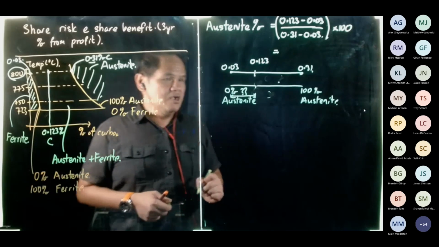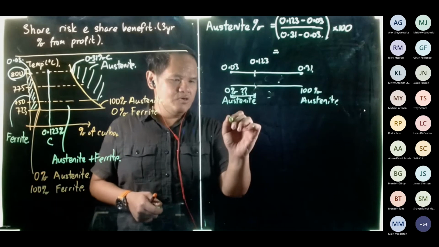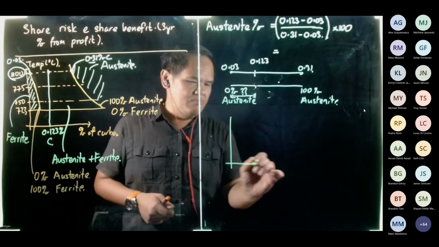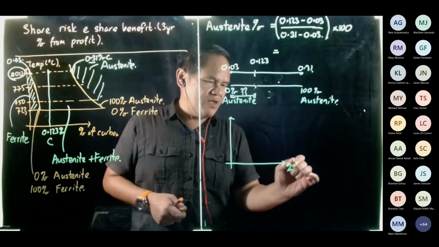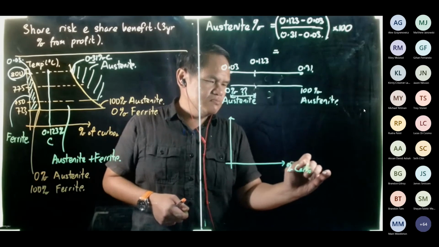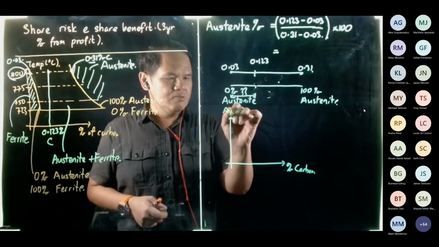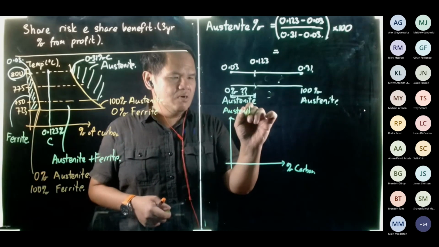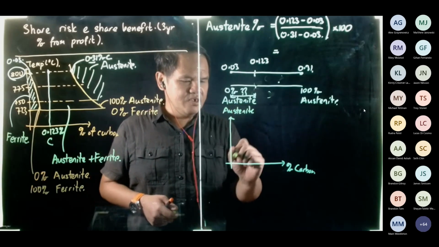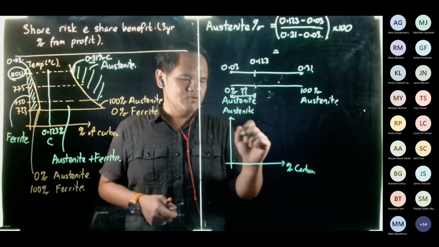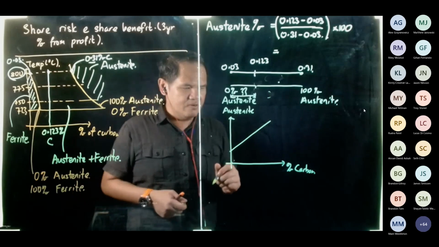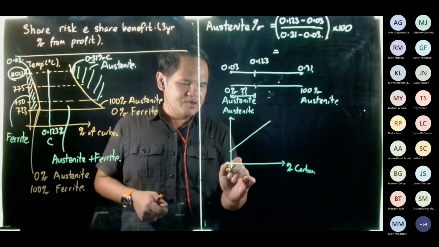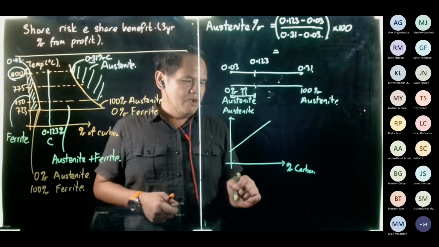If I were to draw this in a mathematical form, this is percentage of carbon, this is austenite, and this is a linear scale. I wonder if this is a good representation, but let's see.